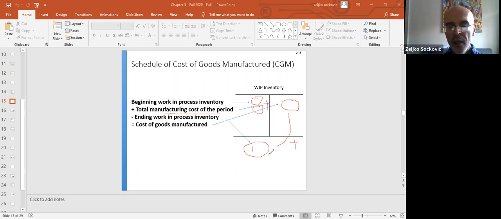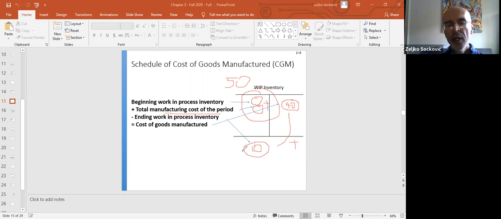So if you have 10 here, and then if you have cost of goods manufactured, let's say of 40, then these two things here will add up to 50, right?